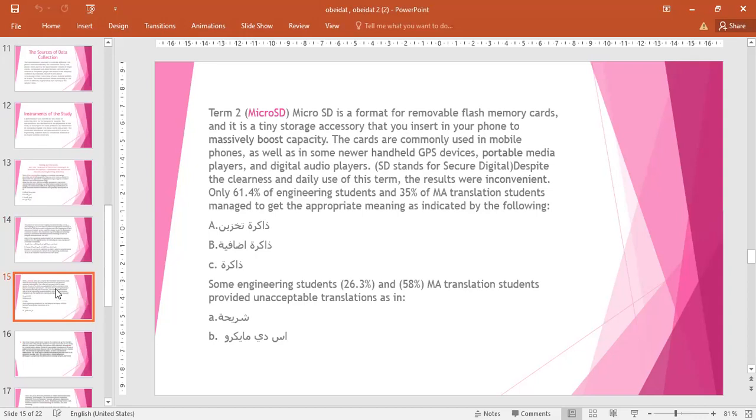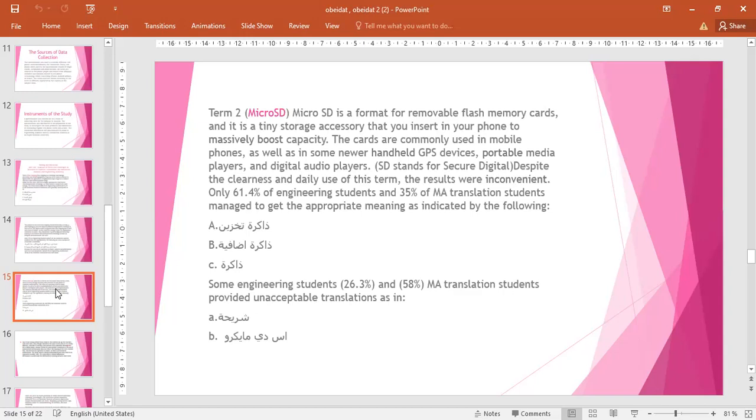The cards are commonly used in mobile phones as well as in some newer handheld GPS devices, portable media players, and digital audio players. SD stands for Secure Digital. Despite the clearness and daily use of this term, the results were inconvenient.